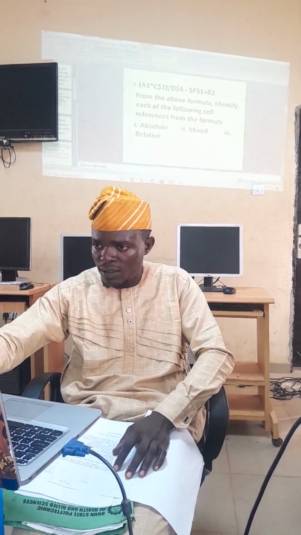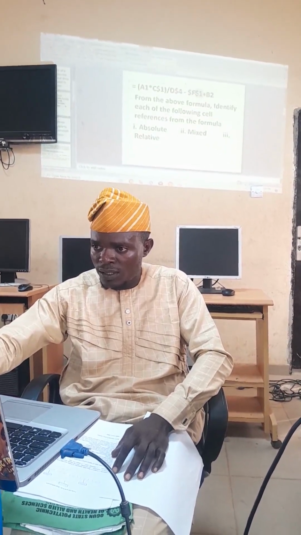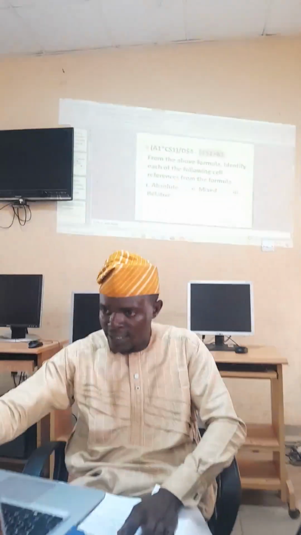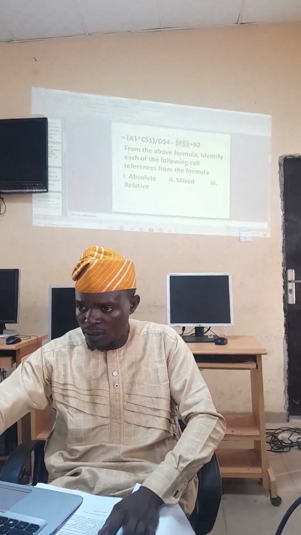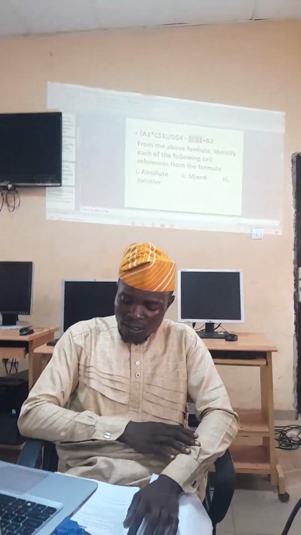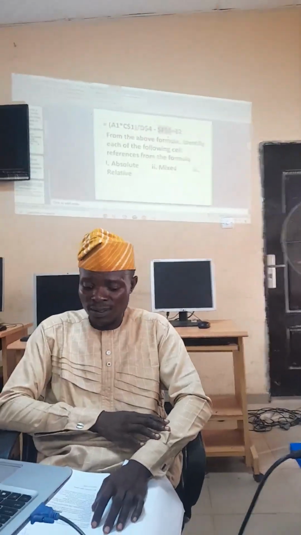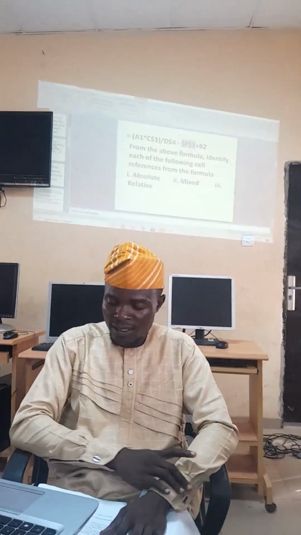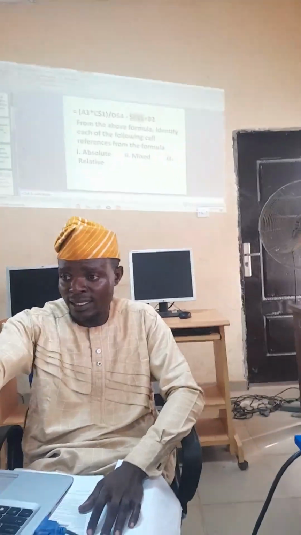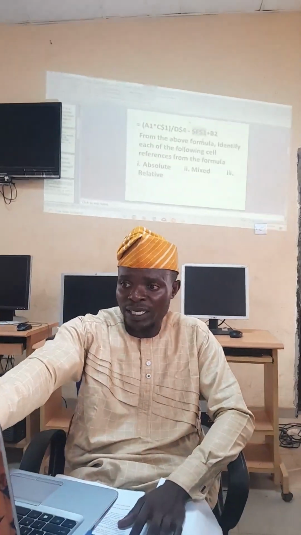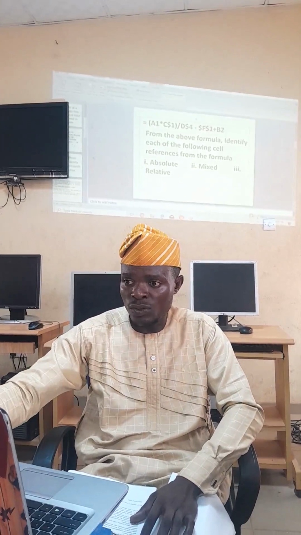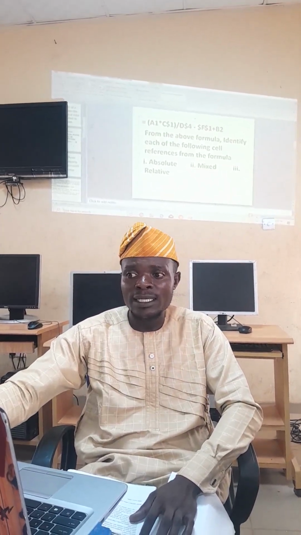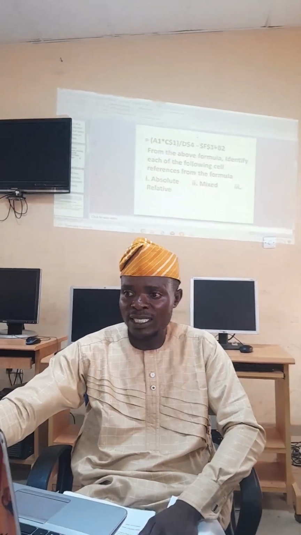Okay, this one I liked is seen as an absolute reference. You have a dollar at the beginning, and a dollar in the middle, after the letter and before the number.